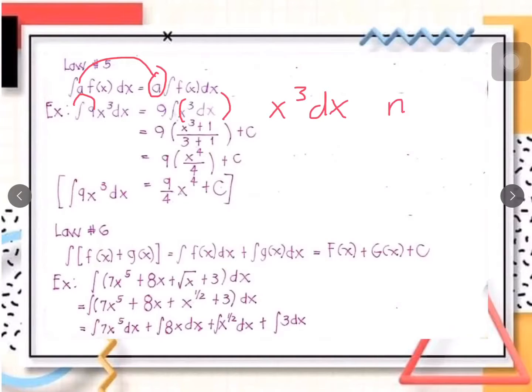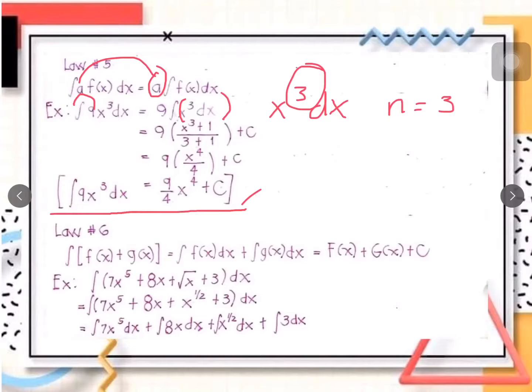Our n here is 3 since it is our exponent. So, 9 times x to the third plus 1 over 3 plus 1 plus arbitrary constant c. By simplifying, 3 plus 1 is 4. Then, 9 divided by 4 equals 9 over 4 x to the fourth plus c. So, the integral of 9x to the third dx is equal to 9 over 4 x to the fourth plus c.